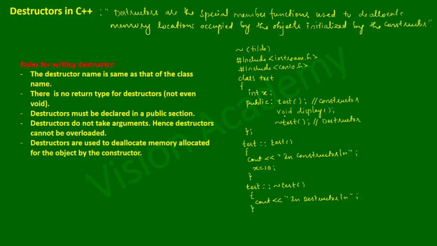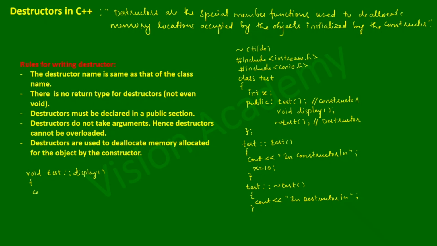The syntax says that we have to write the data type first, so here I write void, then the name of the class, which is test, then the scope resolution operator, then the name of the function, display, with round opening and closing brackets and a curly open brace. Here I'm going to write the value of x.